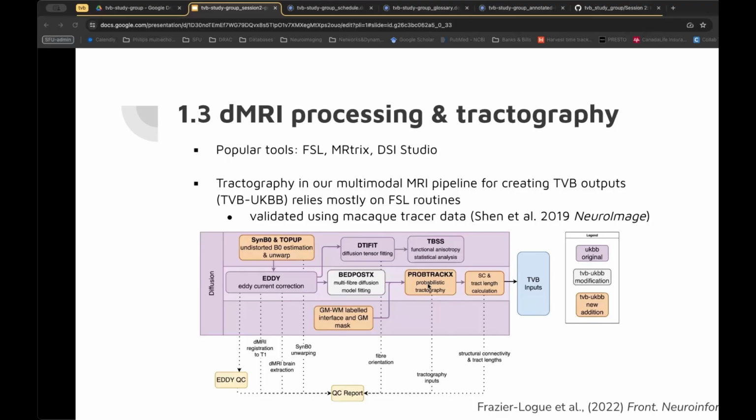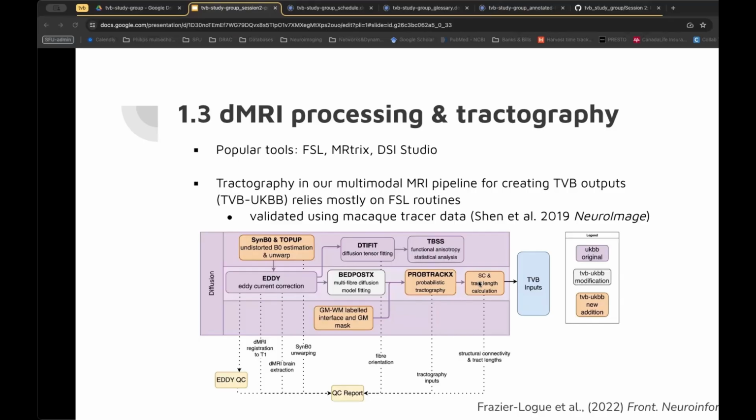And then you'll do the tracking itself, and that's the step where you send seeds and you create these streamlines by stepping through many times to try to create a single streamline from one place to another, and then you do it over and over and over until you get many tens of thousands, millions of streamlines. And then you concatenate all that into a structural connectivity matrix.